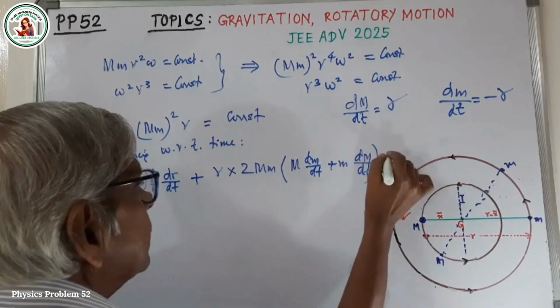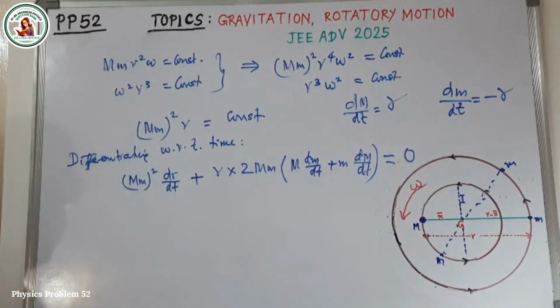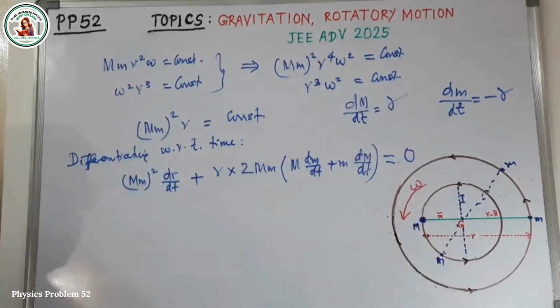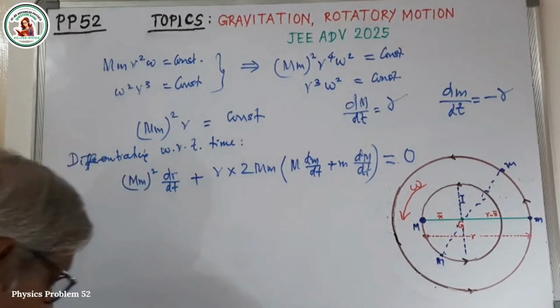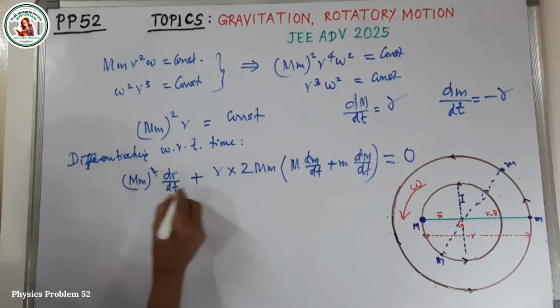For this, d(M plus m) by dt is equal to 0 because the whole thing is constant. The dM by dt is available here, and the dm by dt is also available, plus gamma, minus gamma. So this gives us 1 by r dr by dt, so many things we can cancel.